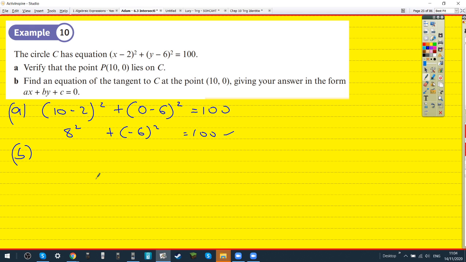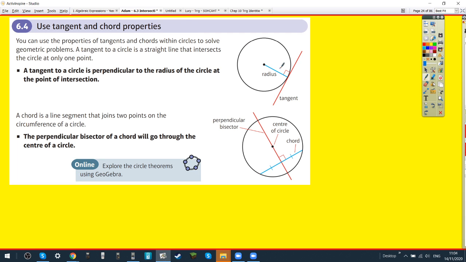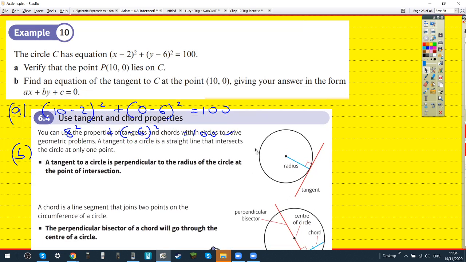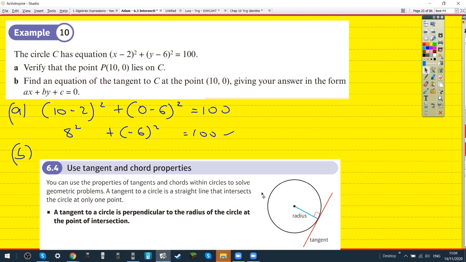I don't think you will. Let me see. So this is some tricky stuff. You have to find the equation of this red line, this red tangent.